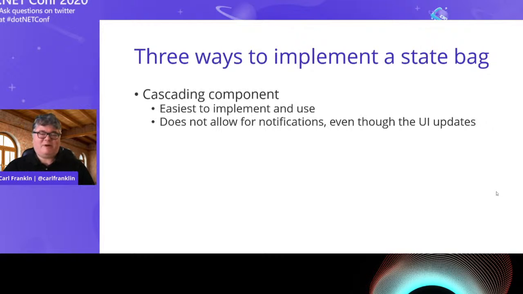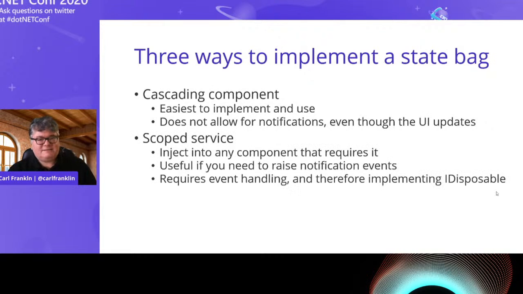When you change a property on an object in a cascading component in any page, any other page that is bound to that property is going to immediately update. However, if something like the toolbar or a page or some other component needs an event handler when that happens, you can't do it with a cascading component, as far as I know.